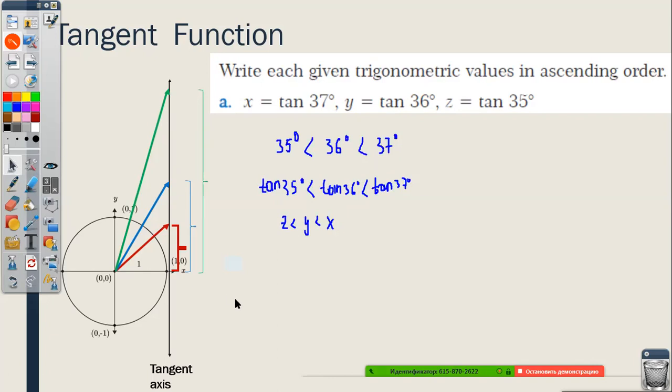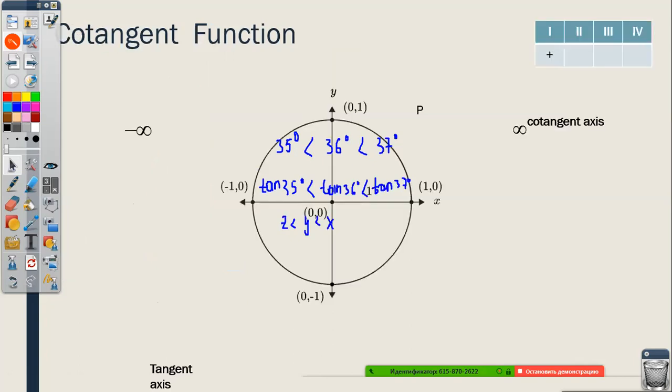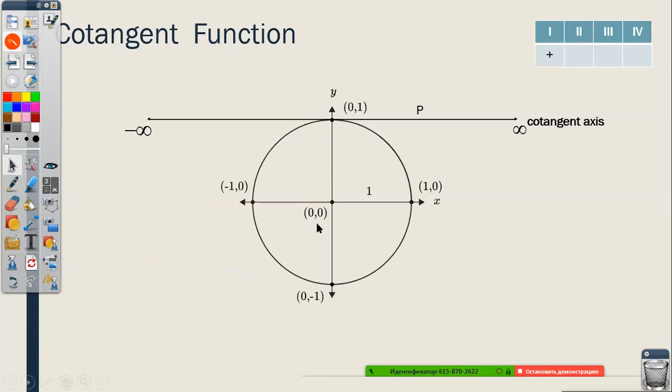Now let's see the cotangent function. So again, on the unit circle, our cotangent axis is where y is 1. Then, what is the cotangent of alpha?